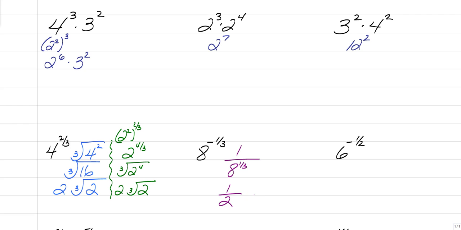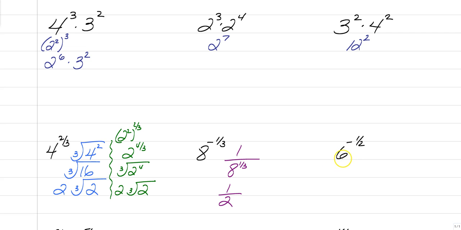Okay? So at some point, you're going to have to start becoming very comfortable with different types of roots. The cube root is also 1/3 power, so it should be pretty easy for you to recognize that 8 to the 1/3 is 2. You should not have to rewrite it as a radical. But if you do, it's fine.